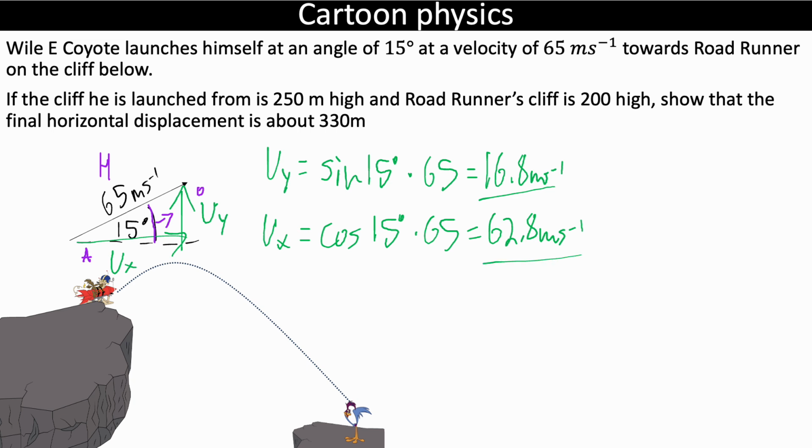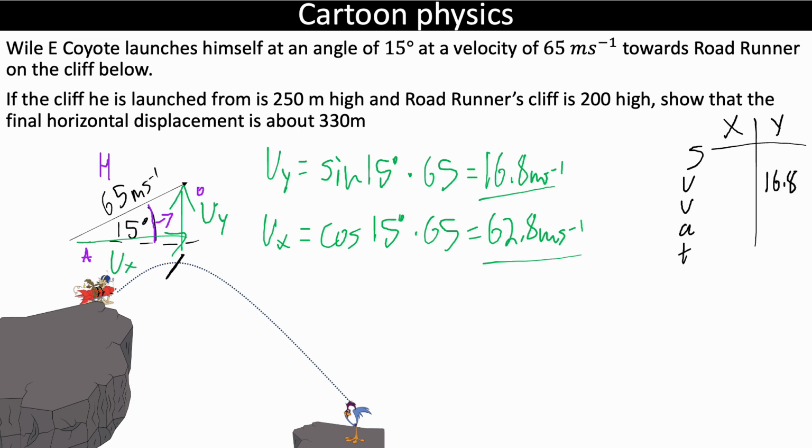Now, at this point, we probably want to start off a SUVAT table so that we can keep track of all the quantities. Initially, I'm only going to worry about the vertical. The initial vertical velocity is 16.8.